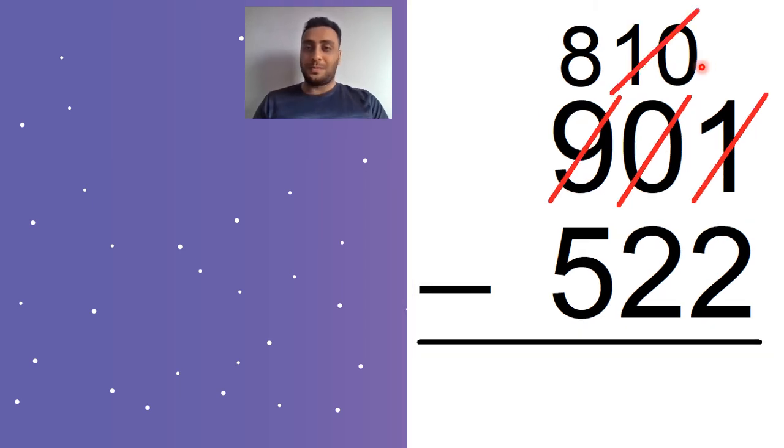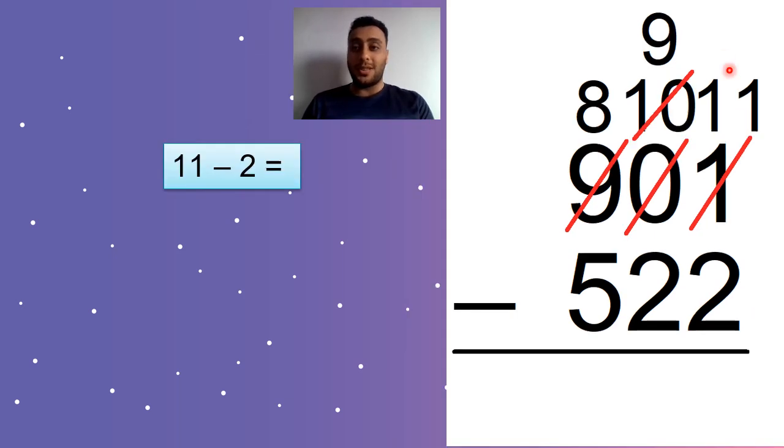Hey, now we can borrow from the tens. We have 10 tens, right? So, boom, tens, give us 1 ten, right? It's going to become 10 ones. Yes. So we already have 1. So now we have 11 ones. But don't forget, we borrowed 1 from the 10. So now it's 9. So now we have 9 tens and 11 ones.